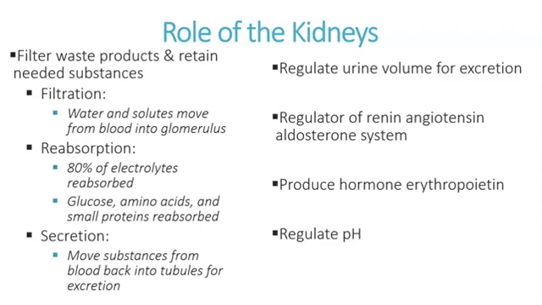This is important if we think about it: we dump some stuff into the tubules. We took some of it back because we said I need it. Well, later on throughout the structure of the nephron, we say, you know what, we really don't need this. This is a waste product. Let me get this out of my body. And that's where the secretion part occurs to form this filtrate.